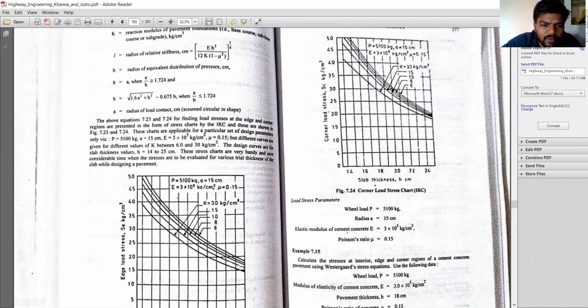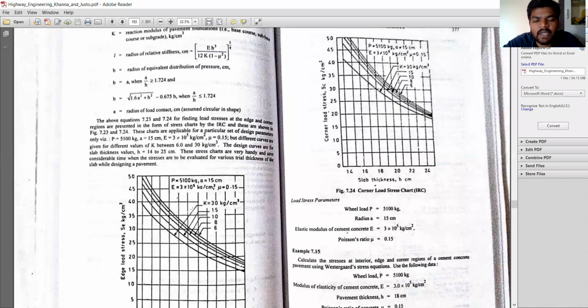Also, in this graph, he has given the wheel load, A value and modulus of elasticity value. Here P is total wheel load, A is radius of contact, and E is modulus of elasticity. Usually a standard value is considered: on an average a wheel load of 5100 kg, a radius of contact of 15 centimeter, an average modulus of elasticity E value, and Poisson's ratio 0.15.